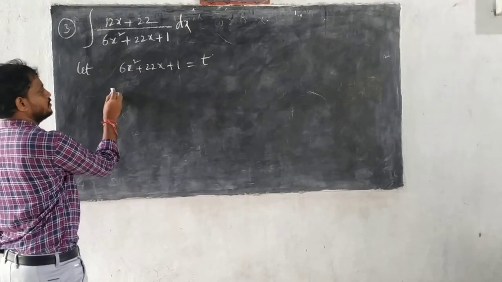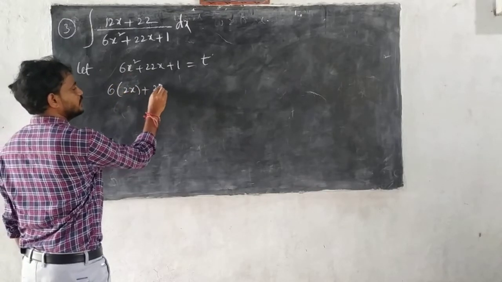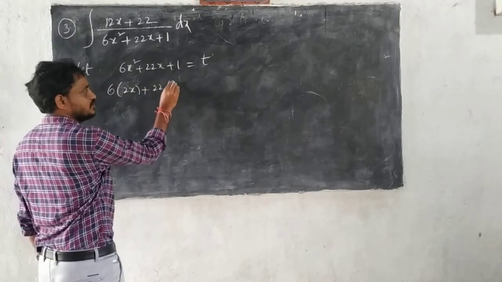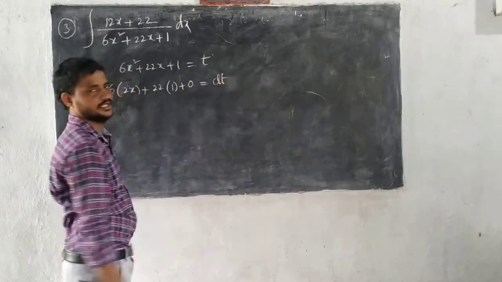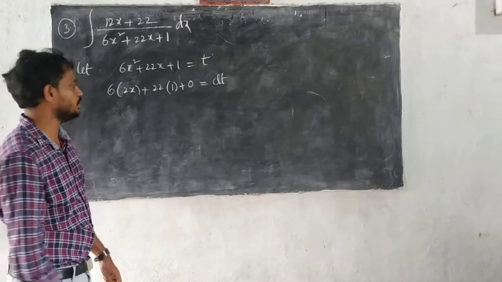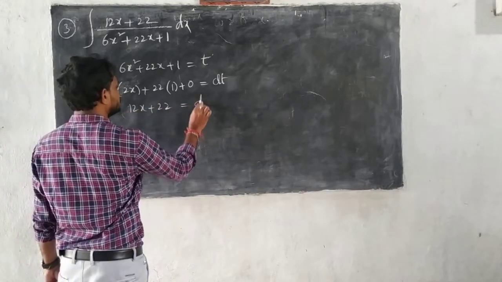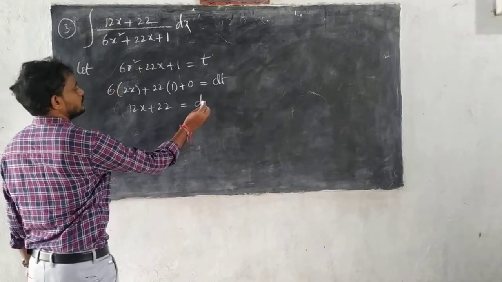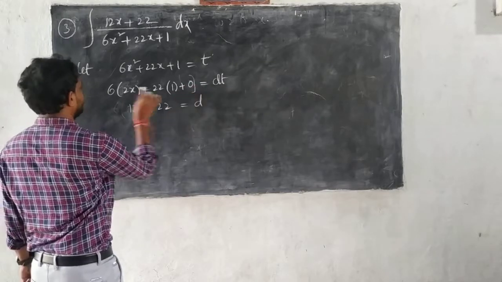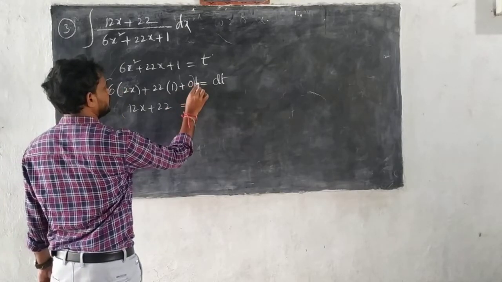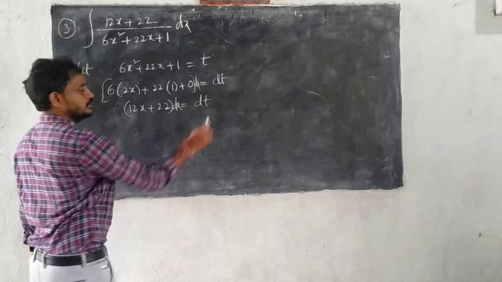So what will you get? 6 into differentiation of x square is 2x. 22 outside, differentiation of x is 1. Differentiation of 1 is 0. That equals dt. Okay. So you will get 12x plus 22, sorry, after differentiating we have to write dx here also, into dt.